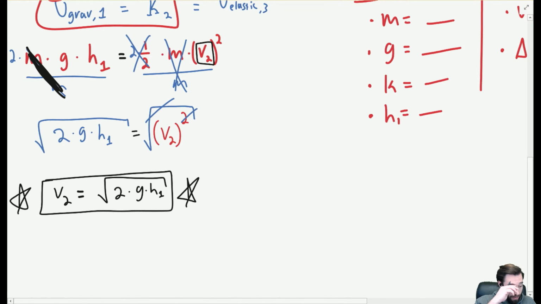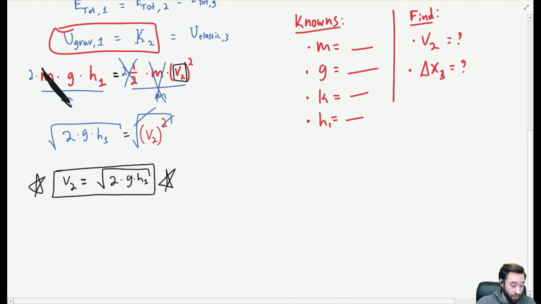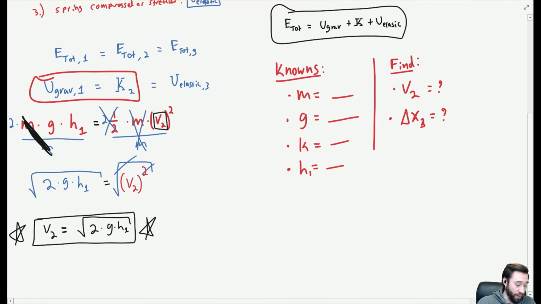All right. Now, because I have not given you values, let's do the same thing, but solve for how much the spring has been compressed. Since I don't have any values, we're going to have to figure out some way to solve for something that's in here.